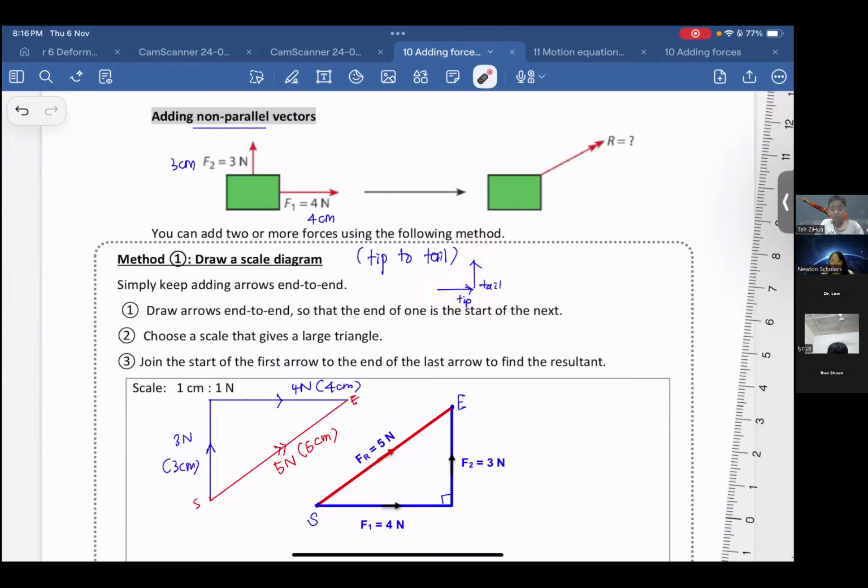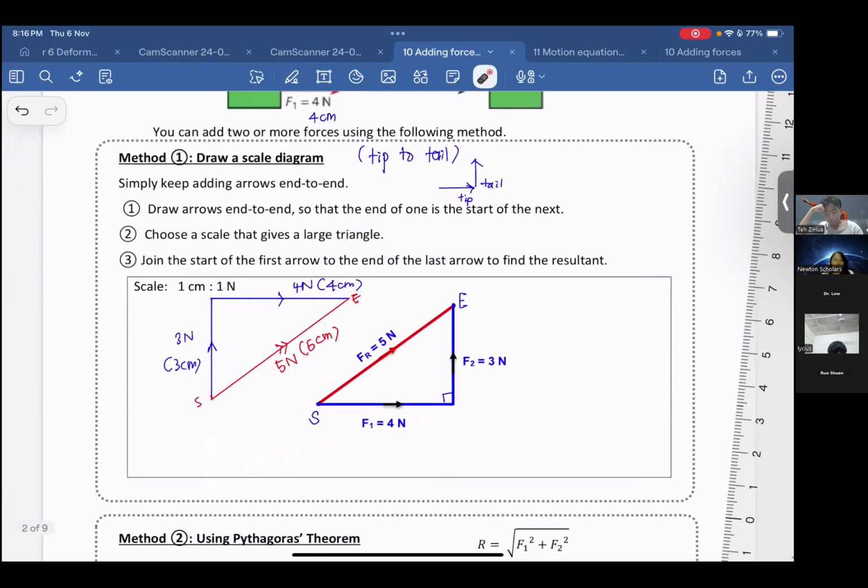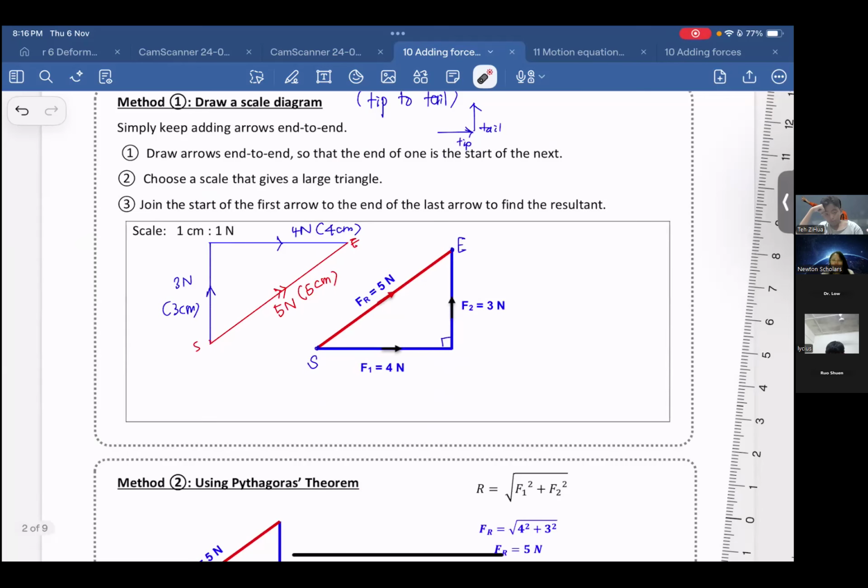So how do we do this? You maintain one of the forces, you move another force. Then this is your start, end. At the end, you see these two represent your resultant force. This is actually in our syllabus. You need to know how to draw. Then after that, they might ask you to measure the angle.